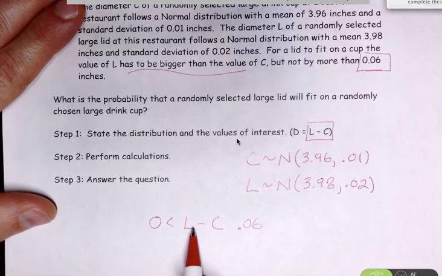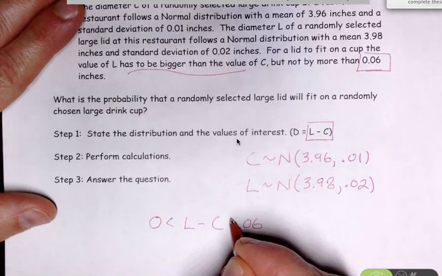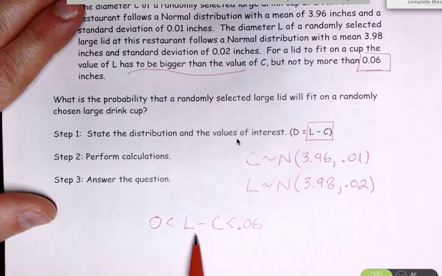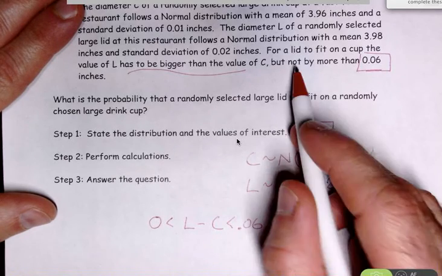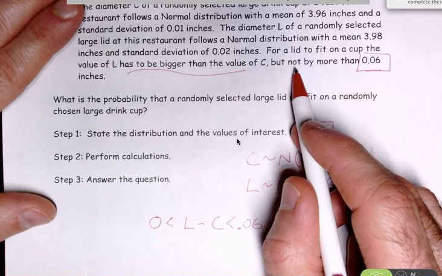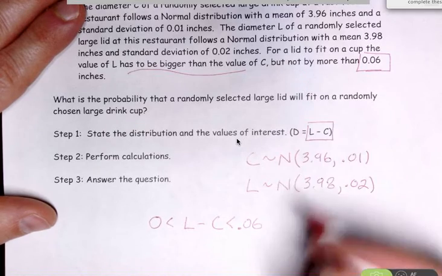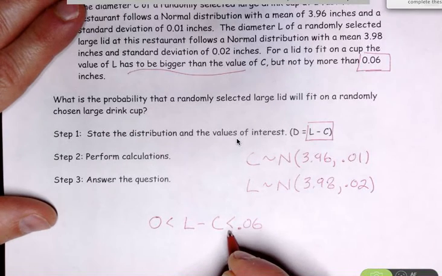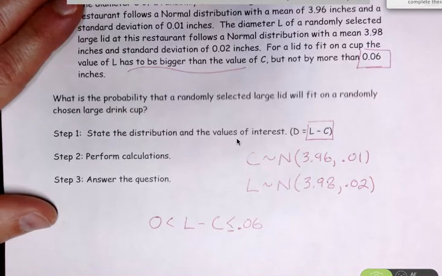I am not interested in that difference being more than 0.06. So what I want for my lids to fit, I want that difference to be less than 0.06. So of course this says, but not by more than 0.06. So apparently in this case, less than or equal to would be okay.